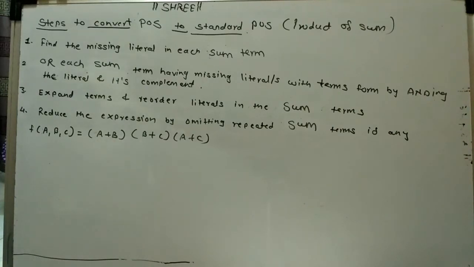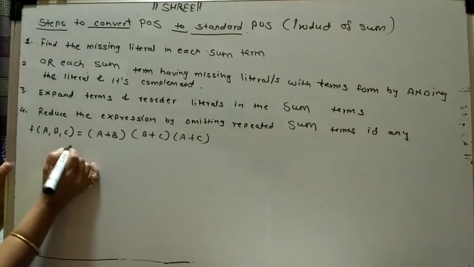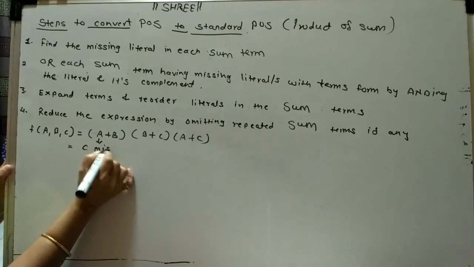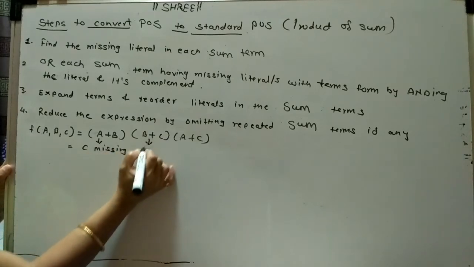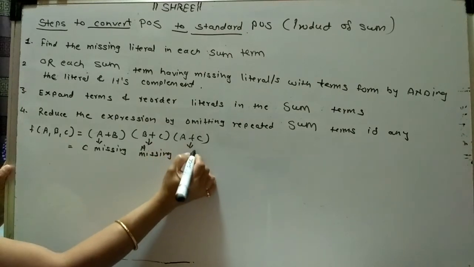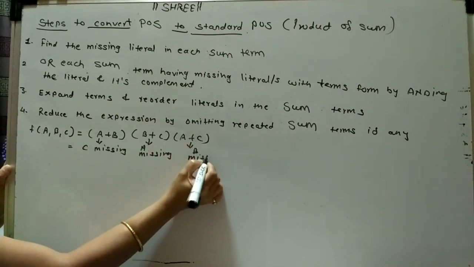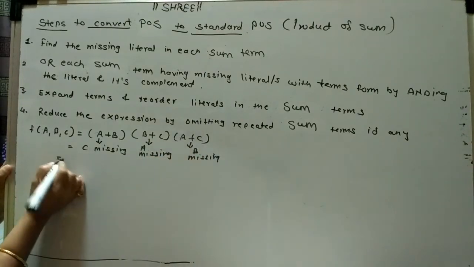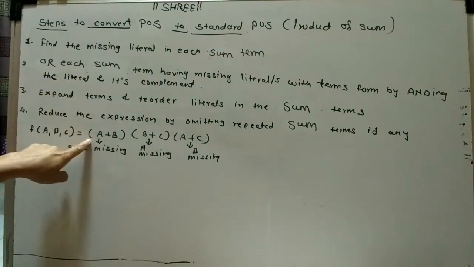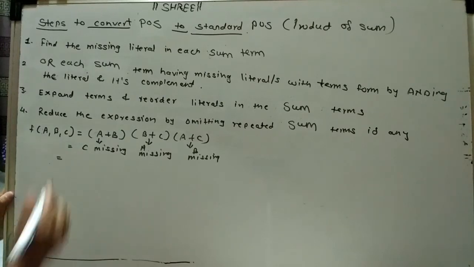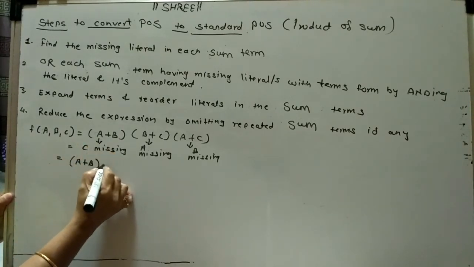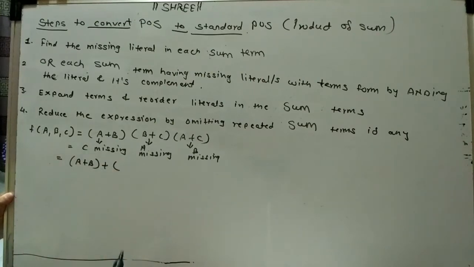So first we will find the missing literals. In the first term C is missing, in the second A is missing, and in the third B is missing. Now in the next step we have to OR each sum term having missing literals, that means A plus B, the first sum term, ORed with what?